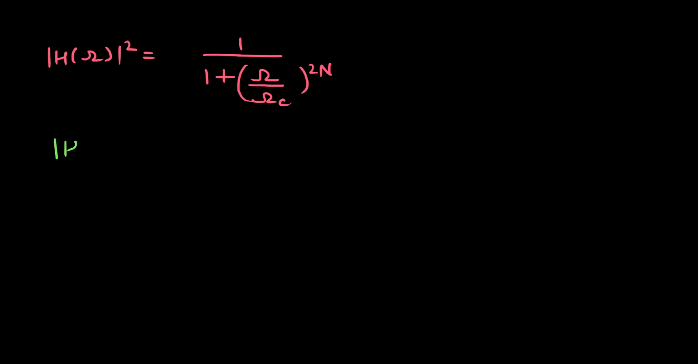But now this is the expression for the magnitude square, and we want the expression for H of omega, that is the frequency response of h of t. Or we can also analyze this filter h of t in the Laplace domain.